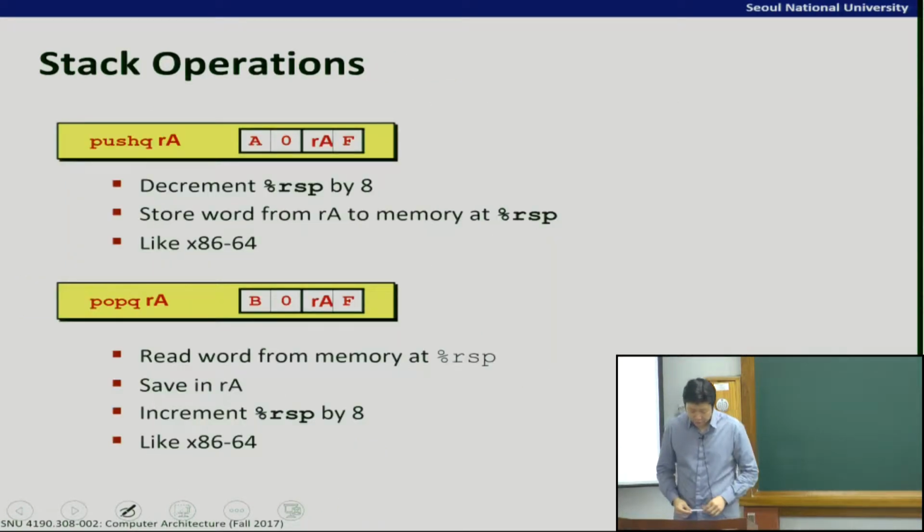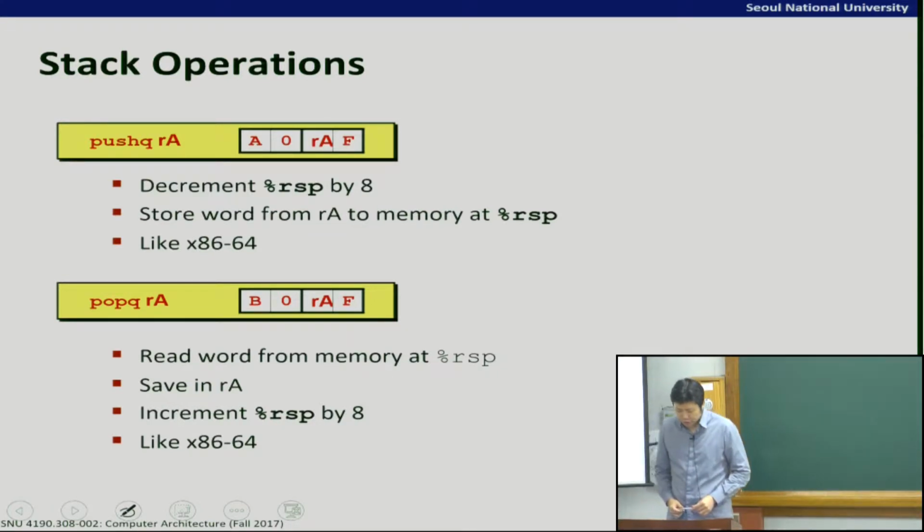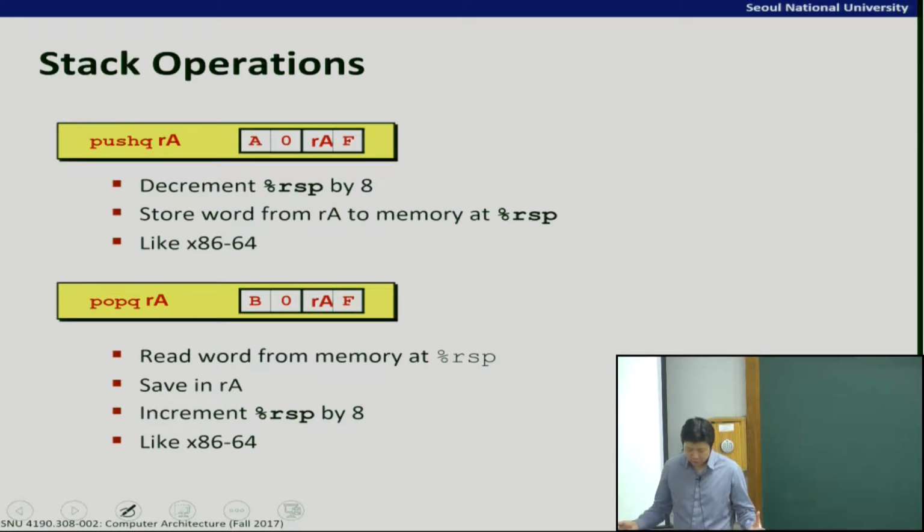There are two instructions, pushq and popq. What do they do? When you execute a push instruction, it first decrements the stack pointer by 8, because we push a 64-bit register value. Then we store the word from register rA to memory at RSP.